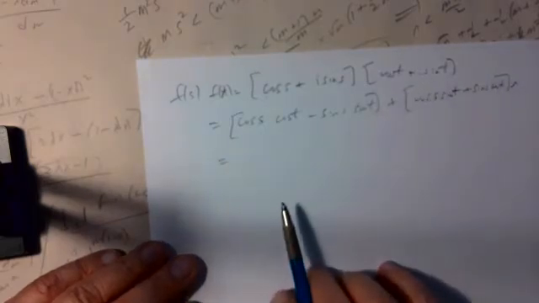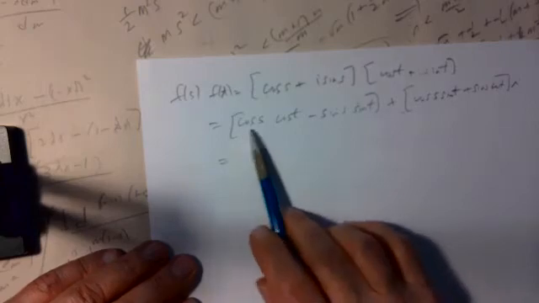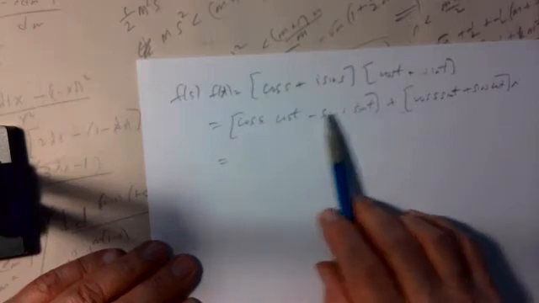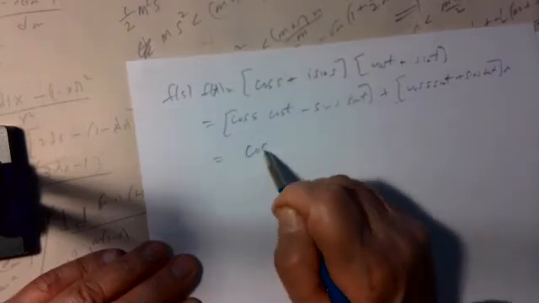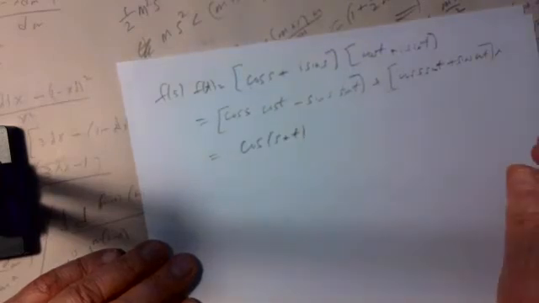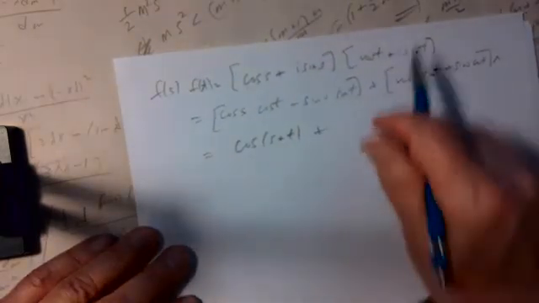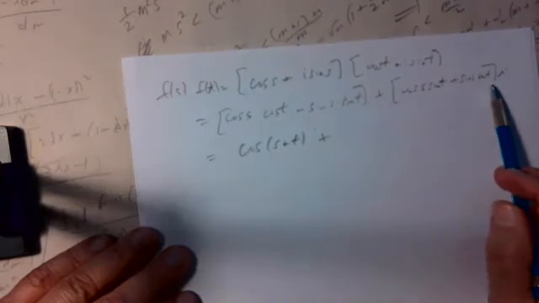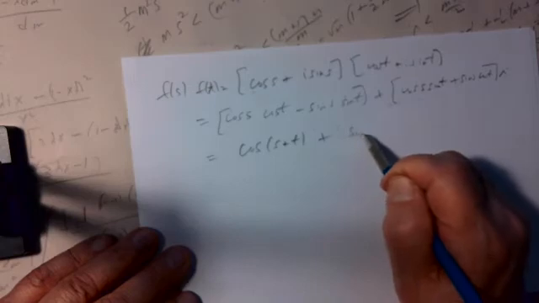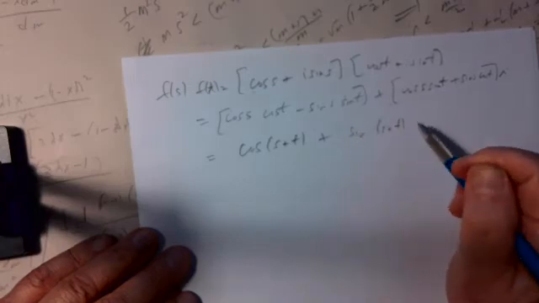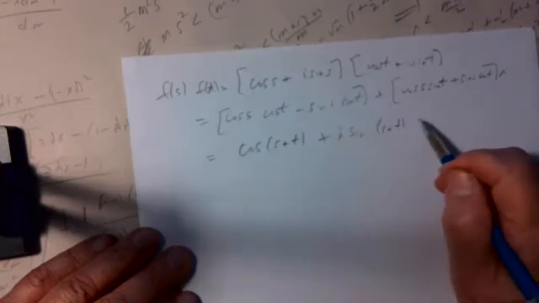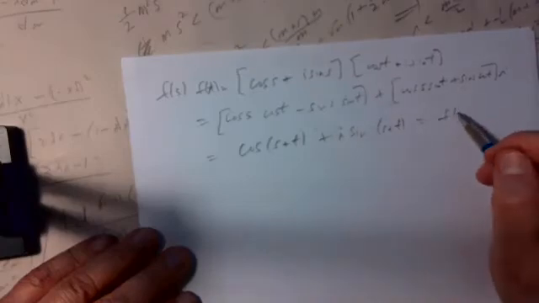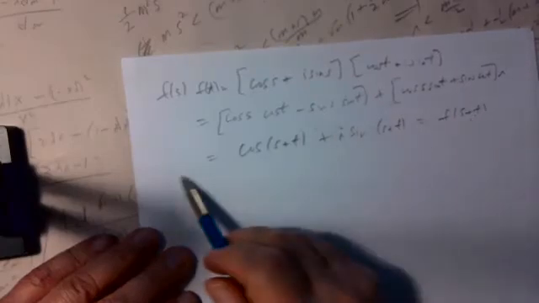And then you have to know pre-calculus: cosine s cosine t minus sine s sine t, that's the cosine of s plus t. And cosine s sine t plus sine s cosine t, that's the sine of s plus t. And this is exactly f of s plus t.